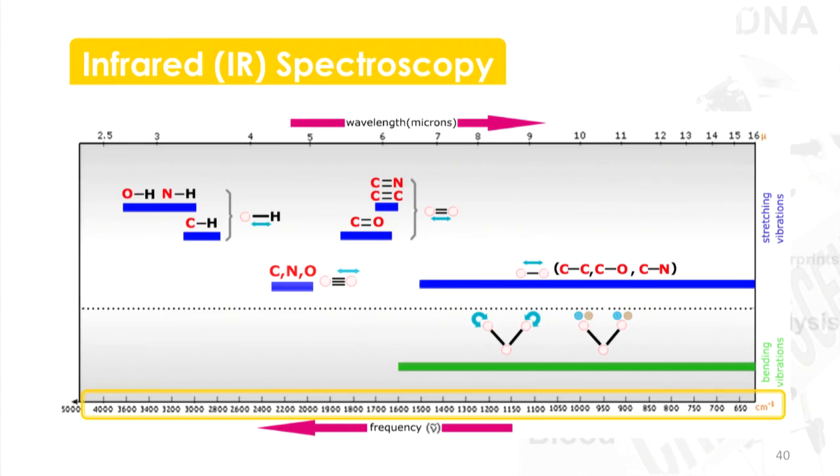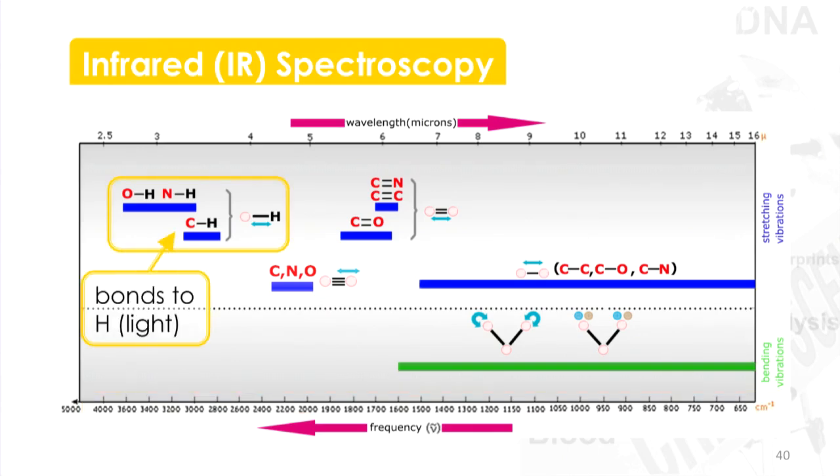Now, when we look at the left-hand part of the chart, we can start to group together particular types of bonds. For instance, oxygen to hydrogen bonds, nitrogen to hydrogen bonds, and carbon to hydrogen bonds are all on the far left-hand side. And you can see a small difference between the OH, NH, and the CH bonds. These are all in that particular position because they all involve the lightest atom, which is the hydrogen atom.